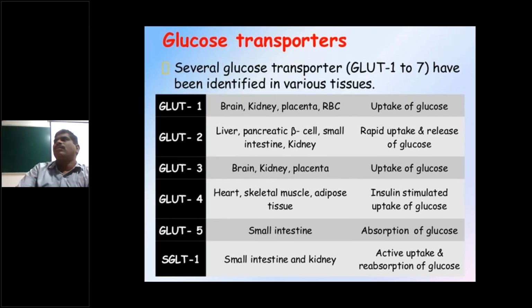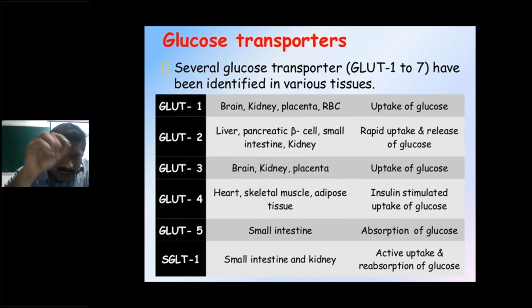And how does glucagon decrease the blood sugar level? Because, as all of you noted, several glucose transporters have been identified in various tissues. Except glucose transporter 4, the rest of the transporters do not require insulin.